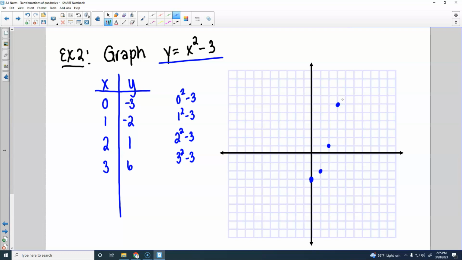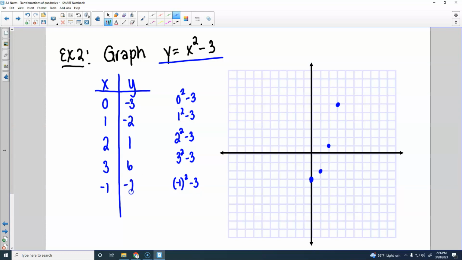I'm pretty sure if I plug in 4, that's going to go off the graph, so I'm going to leave it there. Now, much like the last problem, if I plug in negative 1, now I'm going to have negative 1 squared minus 3. Negative 1 squared is the same as positive 1 squared, right? Because when you square it, that negative is going to go away.